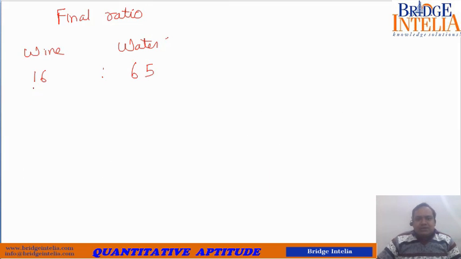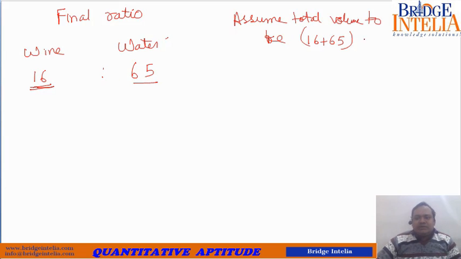Look at this shortcut. Assume the total volume to be 16 plus 65, that is equal to 81x.